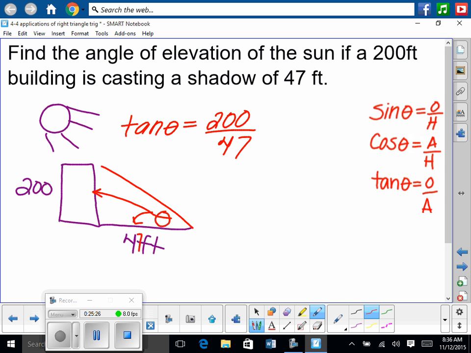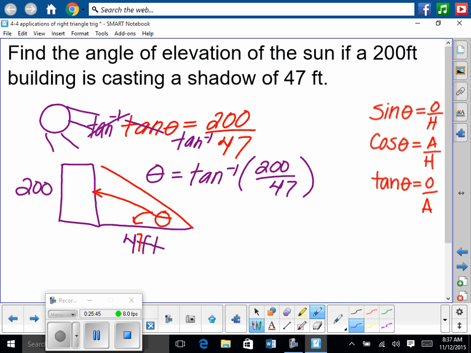And then can we solve for theta now by taking, since it's an angle, we take the inverse. So tangent inverse and tangent are gone. We have theta is equal to the tangent inverse of 200 over 47. And then we calculate it. 76.7. So theta, our angle of elevation, is 76.7 degrees.